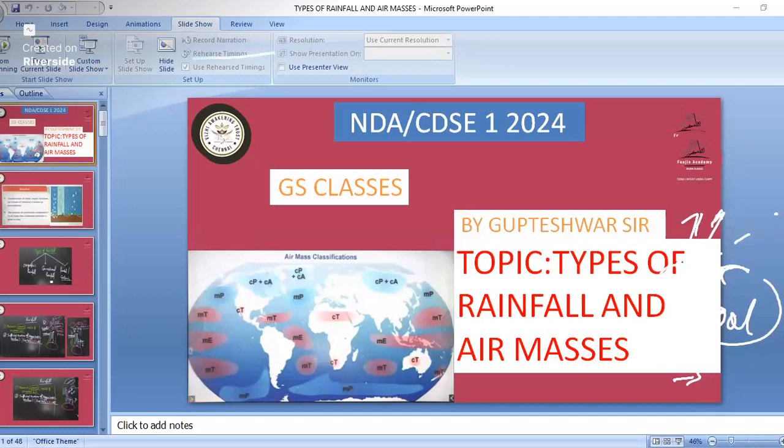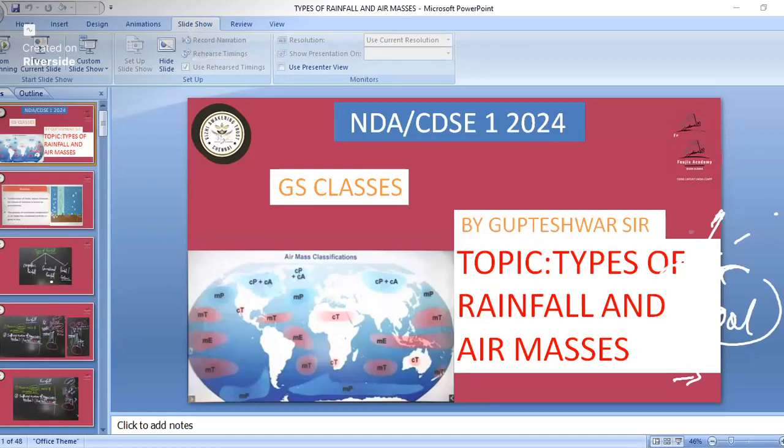From the temperate region part, we have a little bit of warm air here and cold air there, so in the temperate region formation of cold air mass will be happening. Warm air mass happens mostly in the subtropical regions.